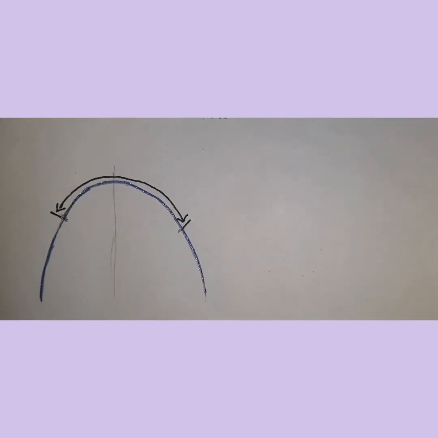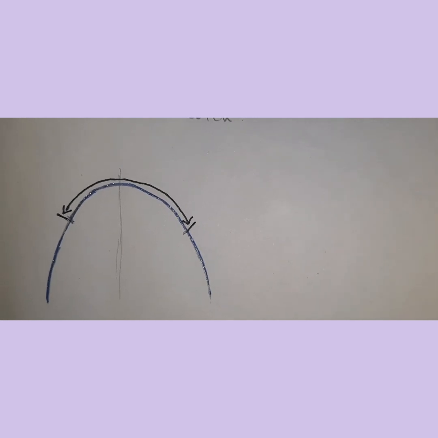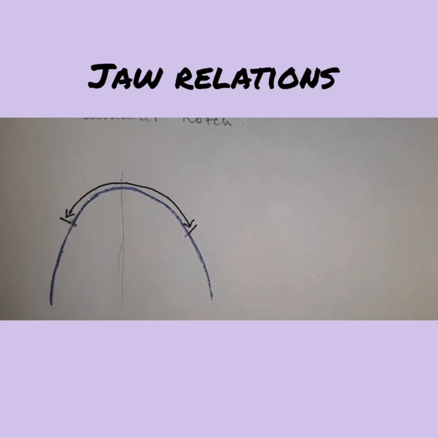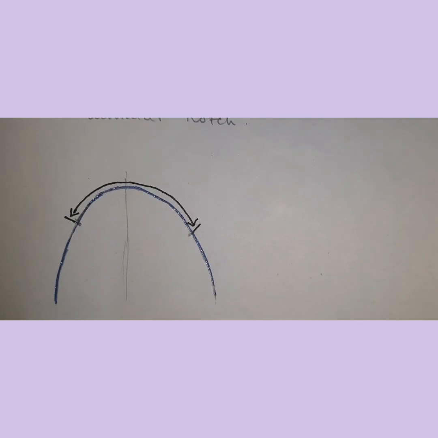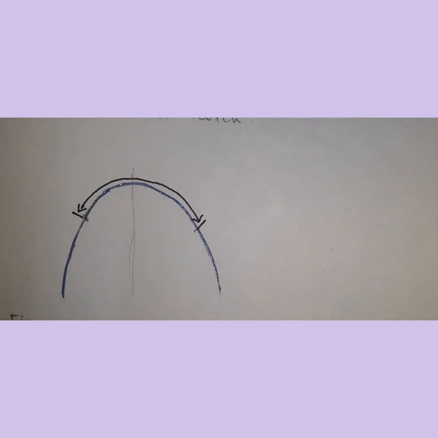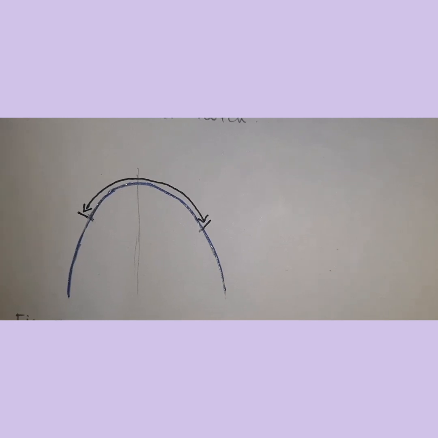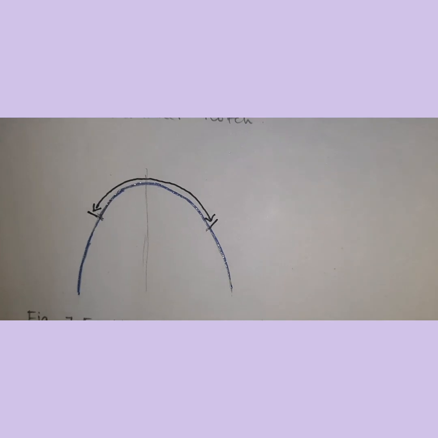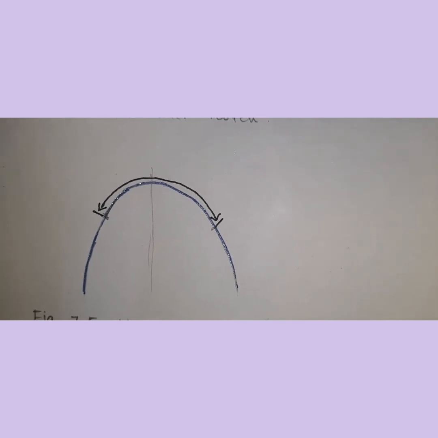Next, when you are doing the jaw relation, the available interarch space will also give you an idea about the height, width and position of the anterior teeth which you are selecting. Suppose you have a greater available interarch space, then you can prefer longer teeth, and if you have a very small interarch space, then you go with smaller teeth, not larger ones.